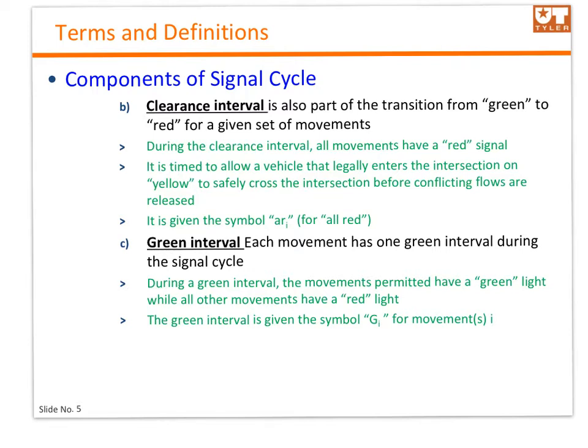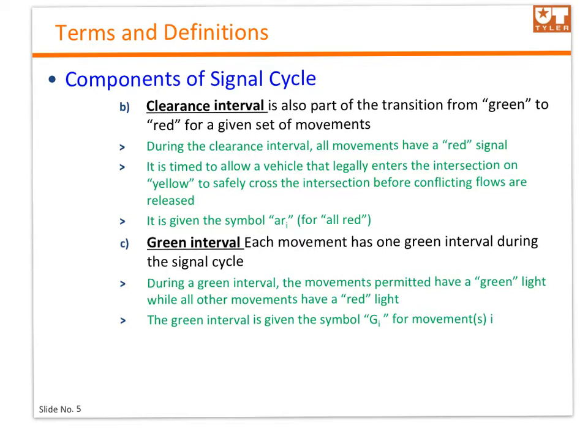It is timed to allow a vehicle that legally enters the intersection on a yellow to safely cross the intersection before conflicting flows are released. That's why we typically use the symbol ARI, where AR stands for all red. That means at a certain time there will be a red signal for the entire intersection to allow those drivers who entered the intersection while it was yellow to complete their movement and clear the intersection before the green is given to the opposite movement.